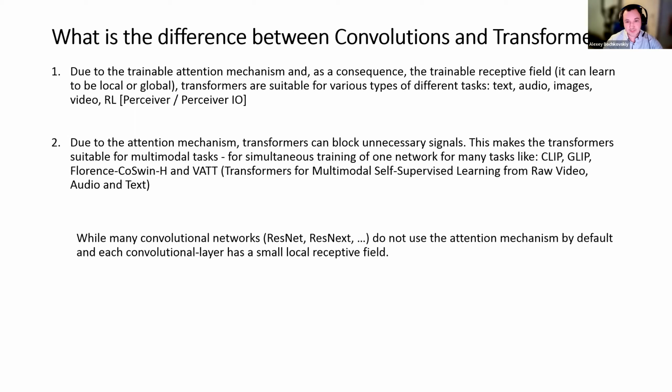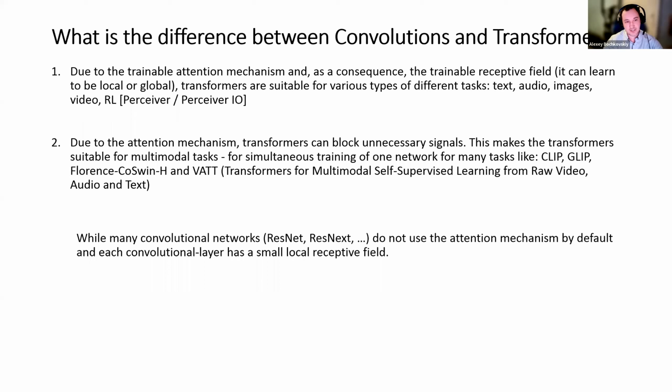And due to this, we also can try multimodal tasks, when we make one neural network that can solve many different tasks simultaneously, like CLIP, GLIP, Florence, and different neural networks.